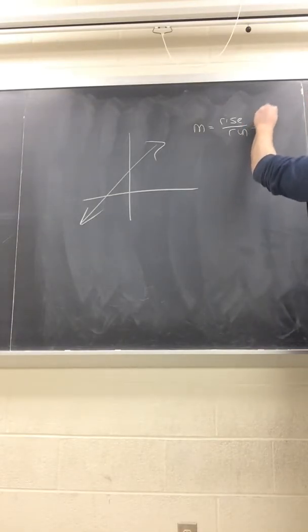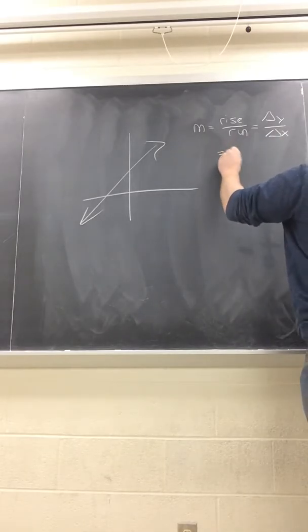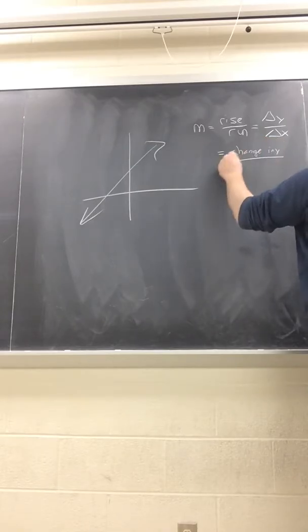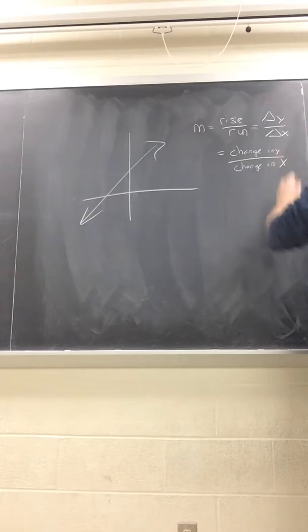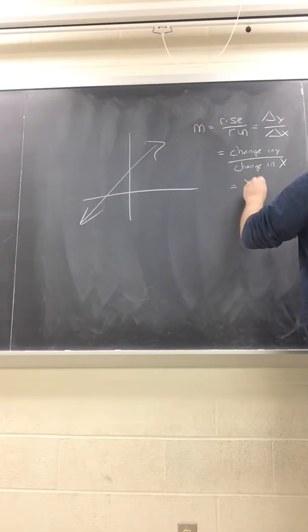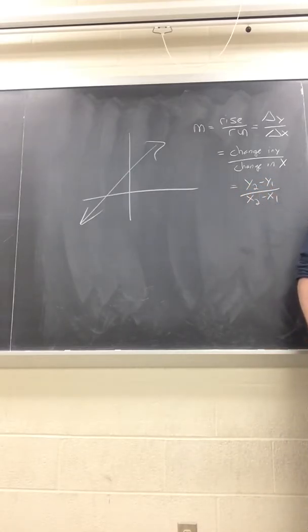You can call it delta y over delta x, which means change in y over change in x. Or if you prefer, we can actually use a formula, which I'm sure you've all seen before, y2 minus y1 over x2 minus x1. And that just tells us how the line changes.